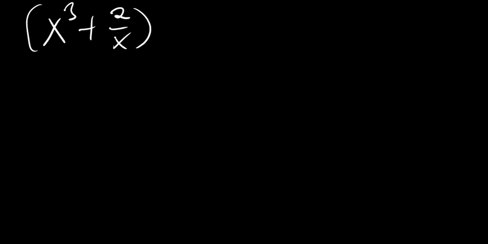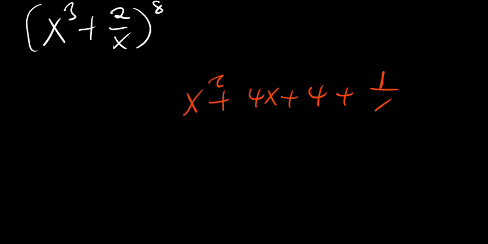When we have got a term independent of x, meaning x is raised to the power what? So this question came last year in one of the exams. Guys, if I have got x squared plus 4x plus 4 plus maybe 1 over x squared, like this.